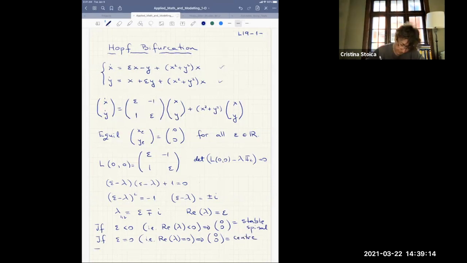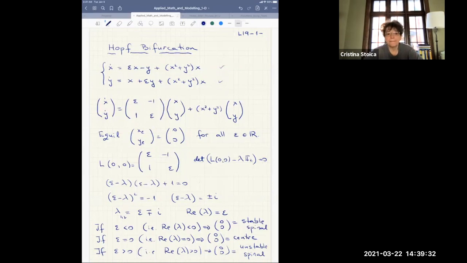And finally, if epsilon is positive, then the equilibrium is an unstable spiral.